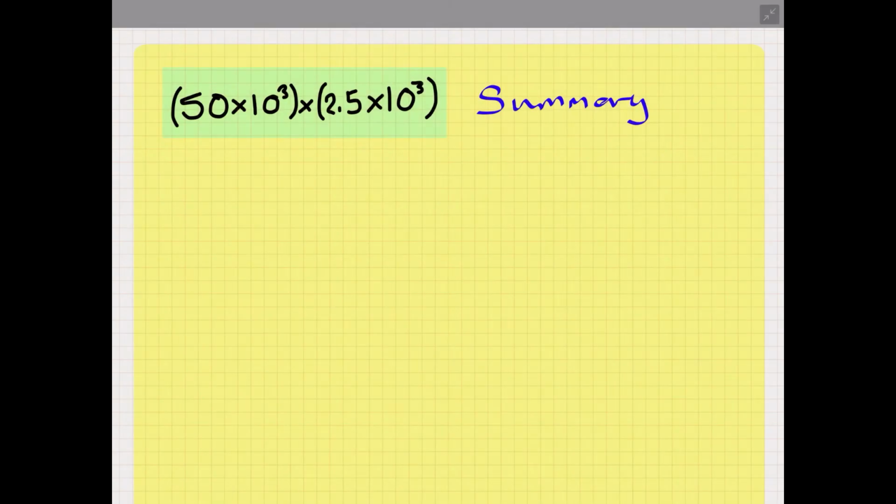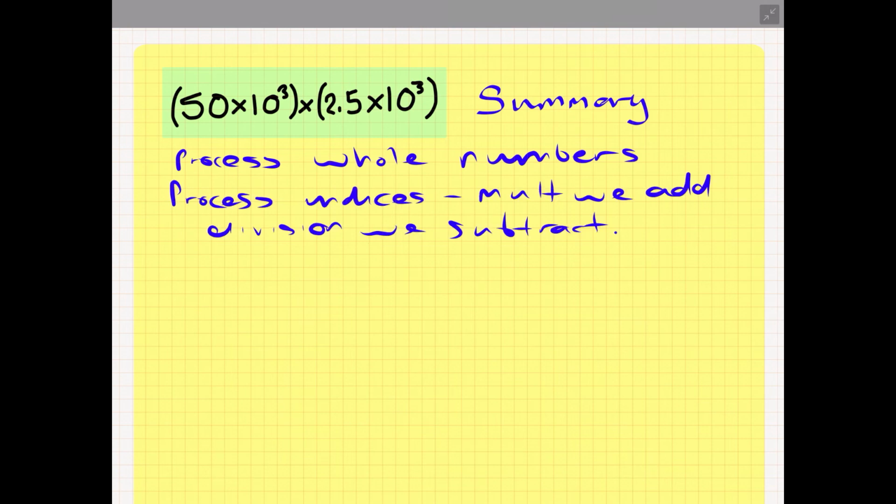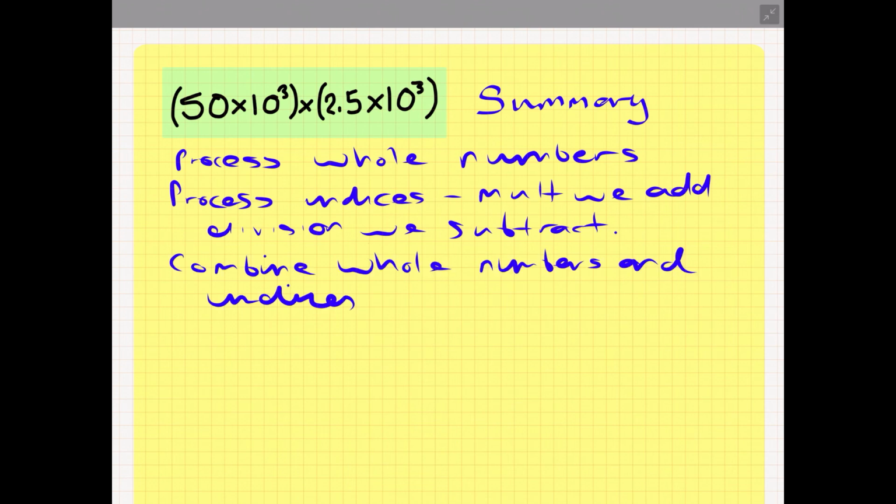So in summary, we process whole numbers, we process the indices. With multiplication, we add the indices, and with division, we subtract the indices. We combine the whole number and the indices back together.